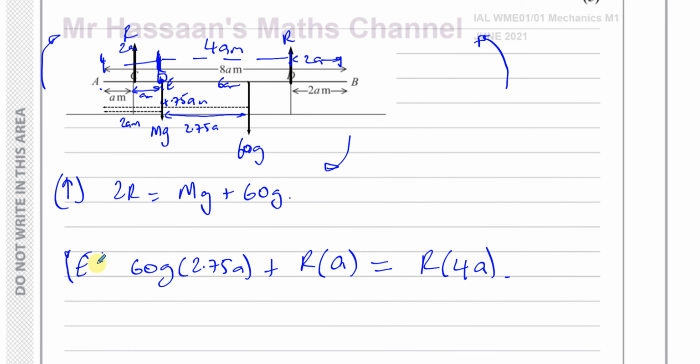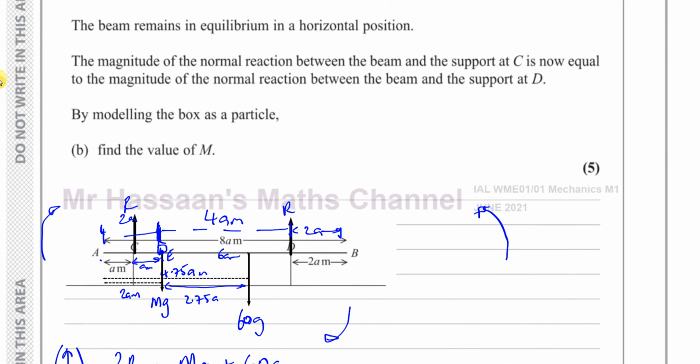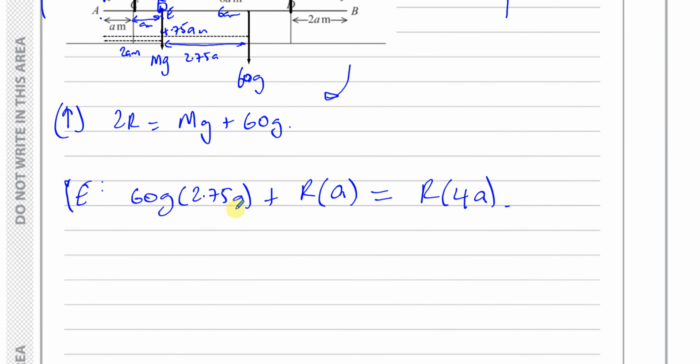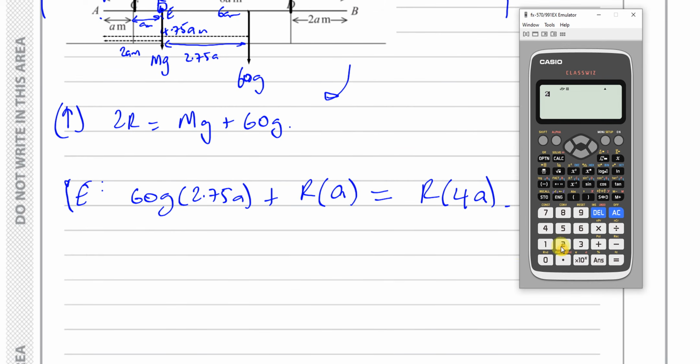Now this is an equation in which the only unknown is R, because the A's will actually cancel out from every term anyway, since you've got A and A and A. So you'll end up with something in terms of just R. This gives us 2.75 times 60g. I'll leave it in terms of g for now.